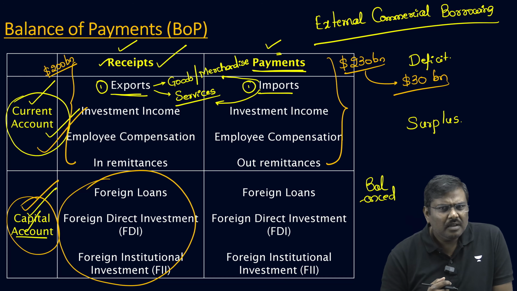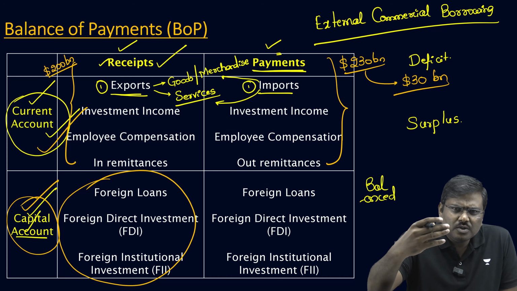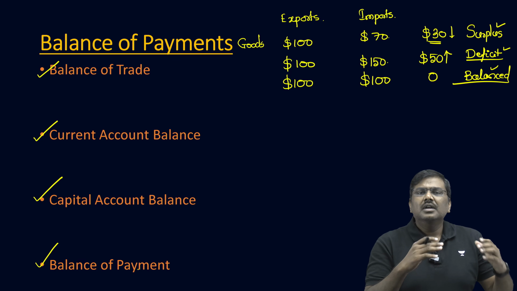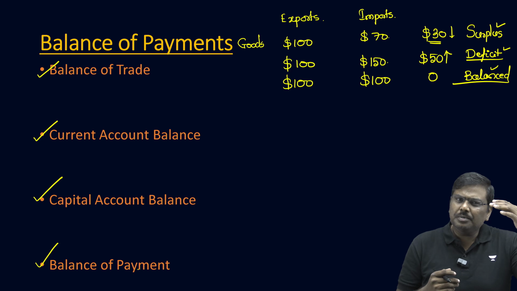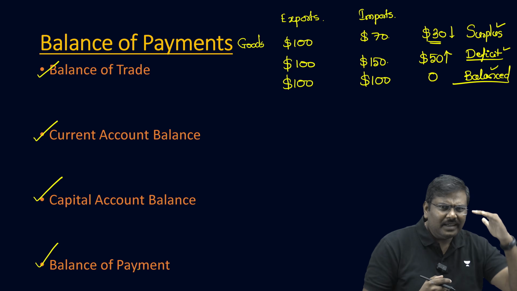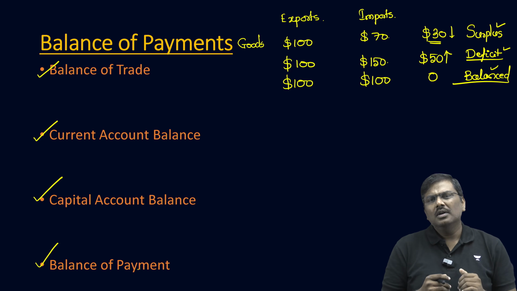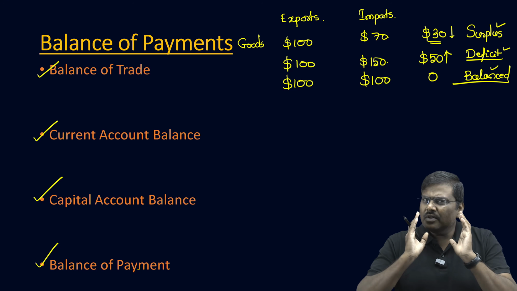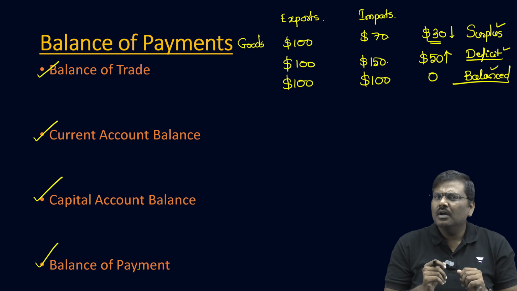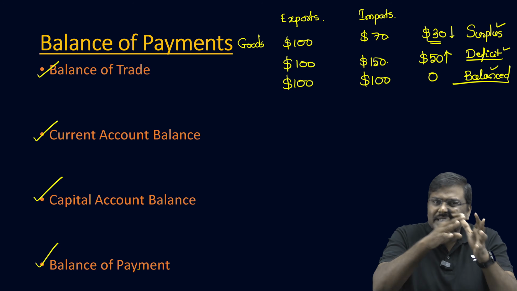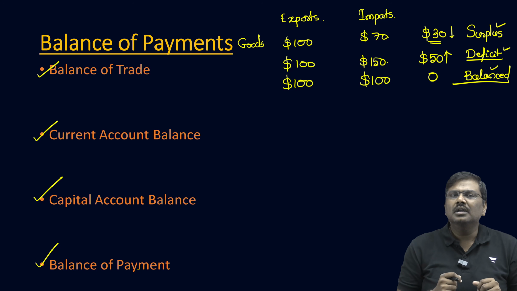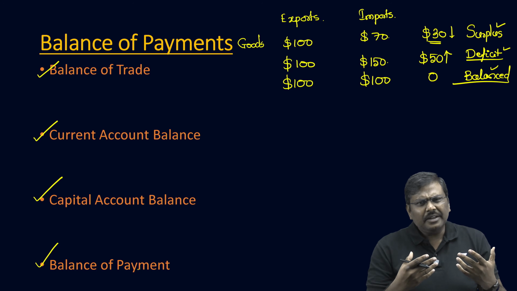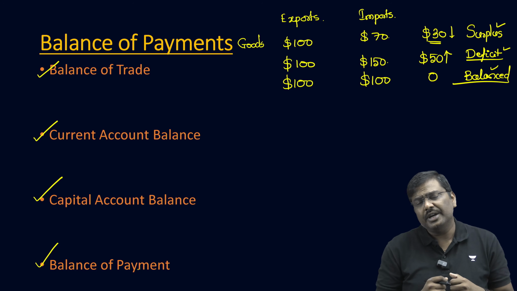Now some of you will ask me, sir, what if the situation is not like this? That is, the amount of dollars, both put together, under the current account as well as the capital account, the amount of dollars that we will end up paying to the rest of the world, or the outflow of dollars, is greater than the inflow of dollars. We have experienced that. What will happen in that particular situation?